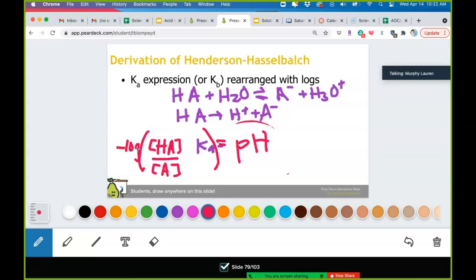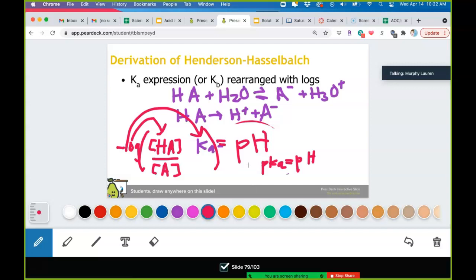So opposite the log of this term and then opposite the log of this term. Well, opposite the log of Ka is pKa. So now we have pH equals pKa. And the opposite sign for this term right here flips your fraction upside down. It means the fraction is going to be inverted.